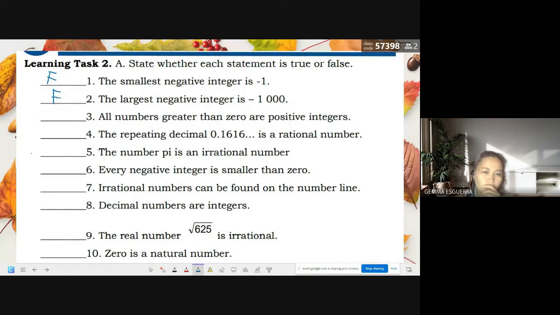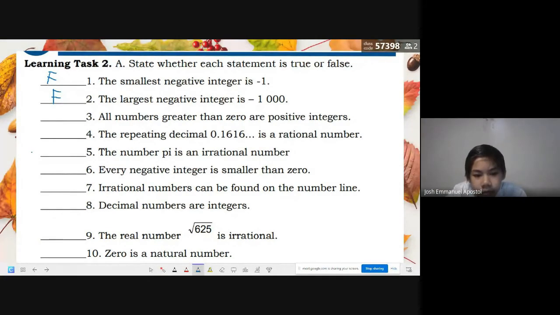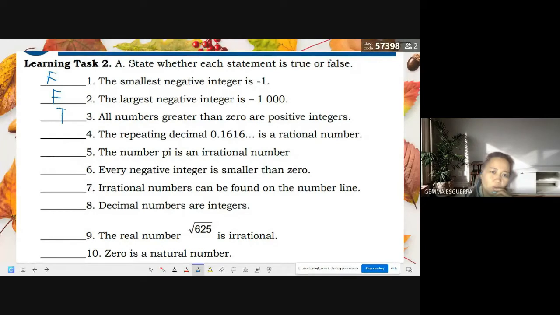Number 3, all numbers greater than 0 are positive integers. True or false, Josh? True po, ma'am. Okay, we're good. Next, number 4. The repeating decimal 0.1616 is a rational number.